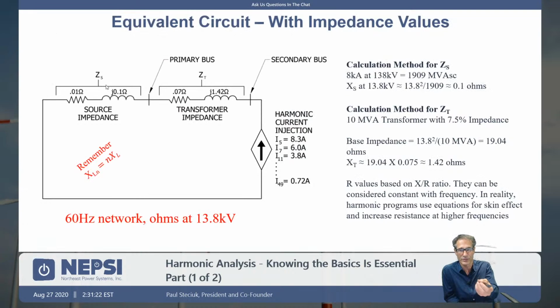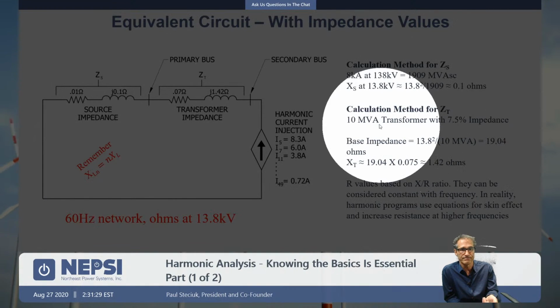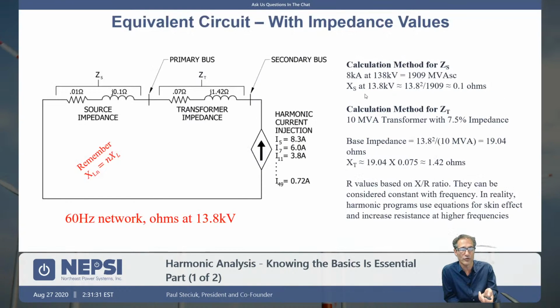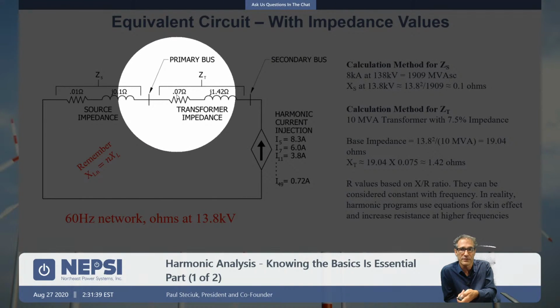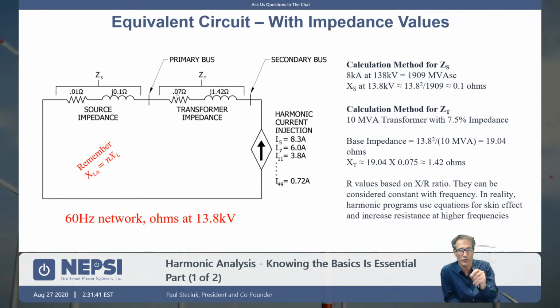So that transmission level voltage, the impedance associated with it, reflects through the transformer by, I think it's over here, by the turns ratio squared. And do I have it, base impedance? No, I'm calculating it the other way, but this impedance reflects basically through the transformer by the transformer ratio squared.